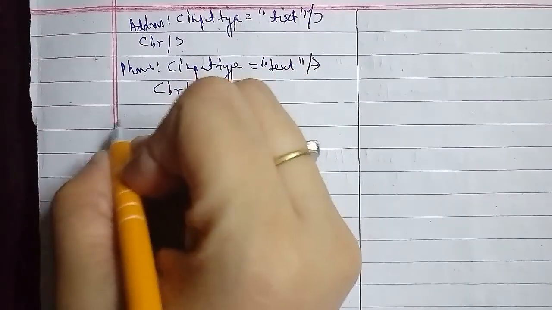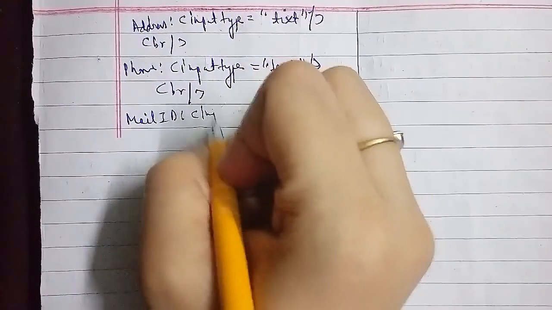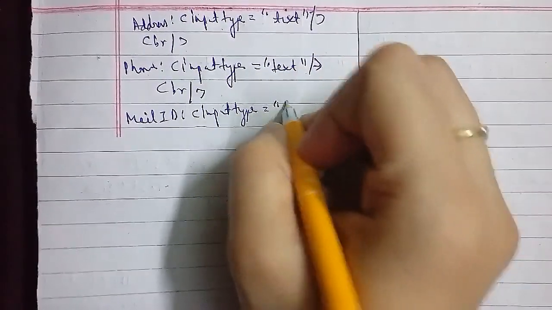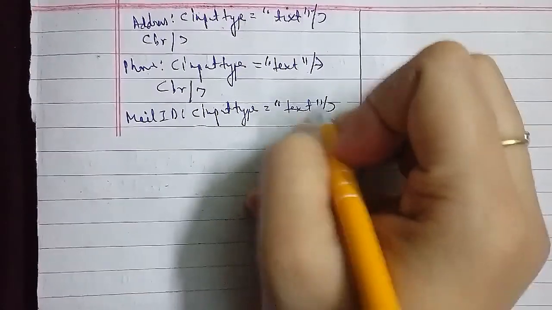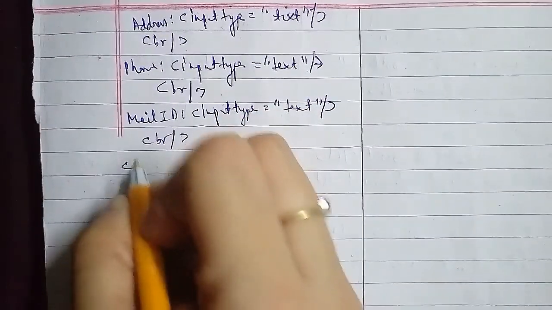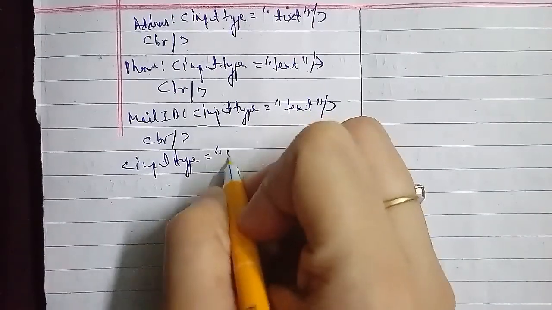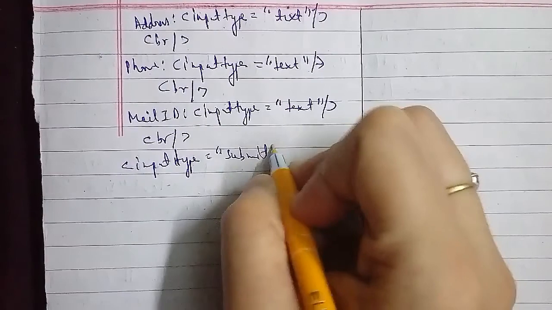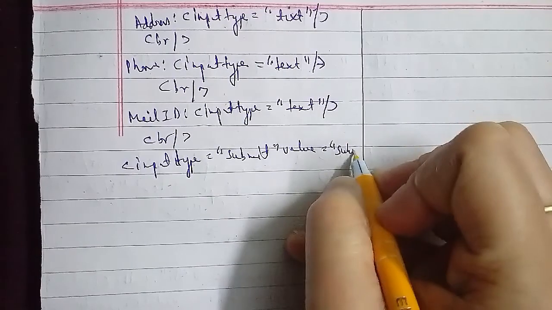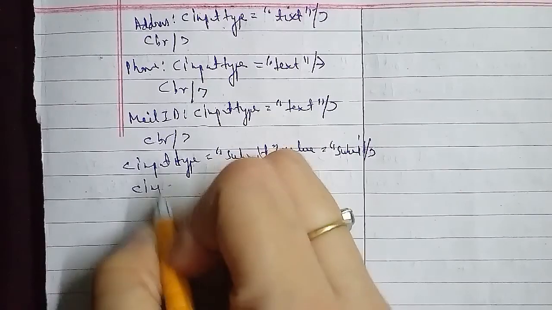Now we'll explain how to display the text field using the HTML tag. The text field can be set using input type equals to text, size equals to 30, and value equals to.